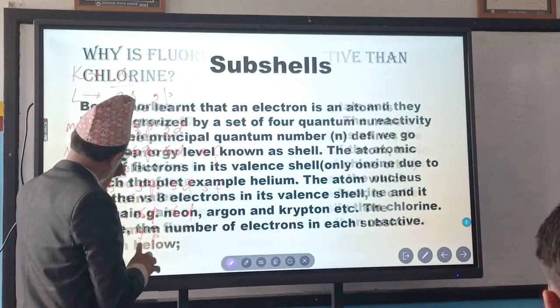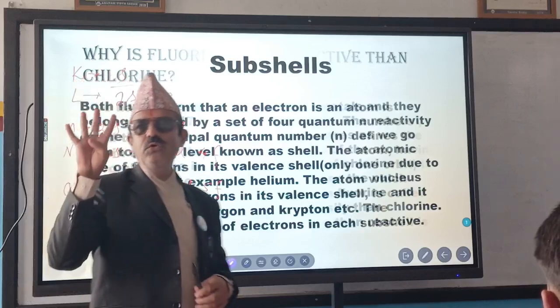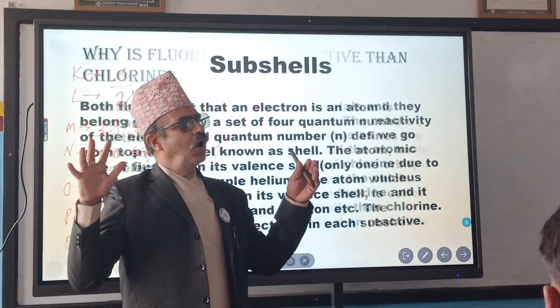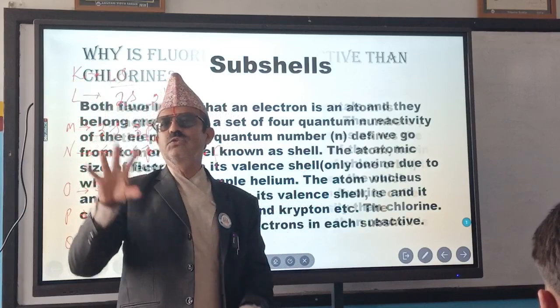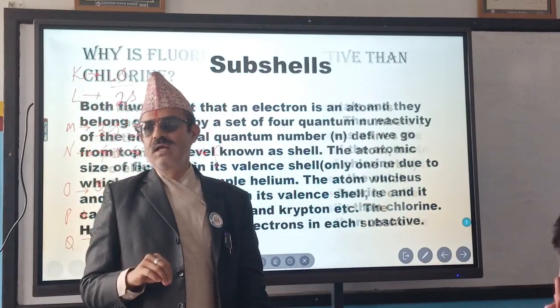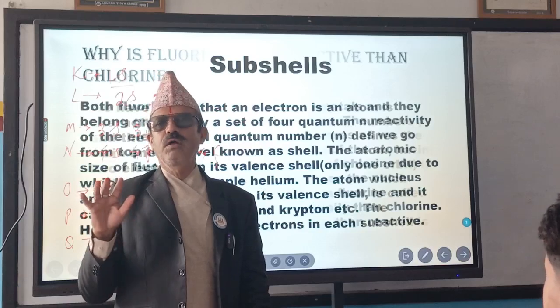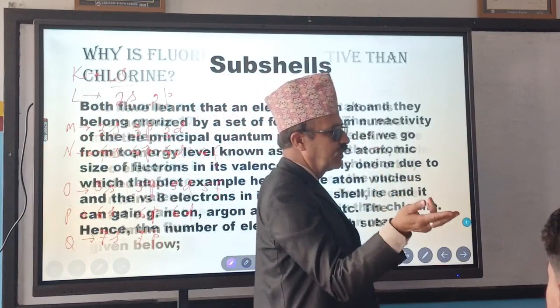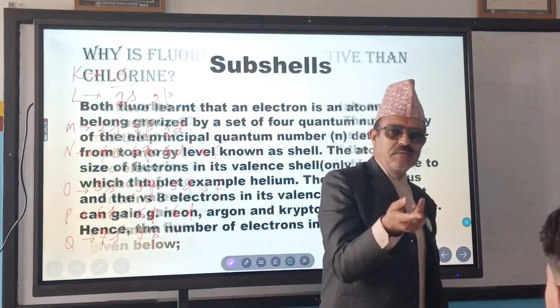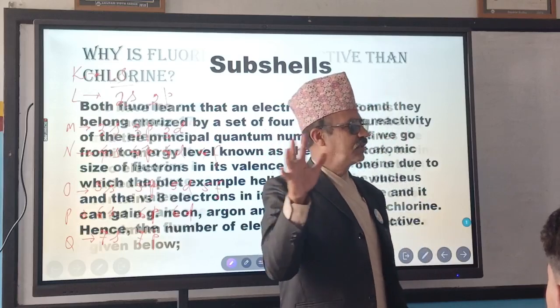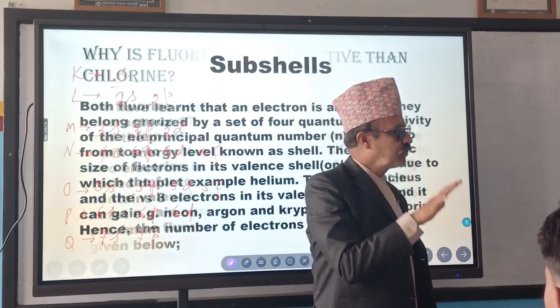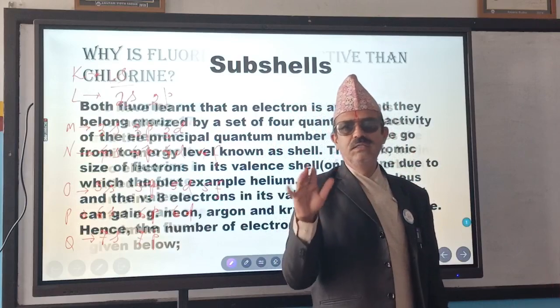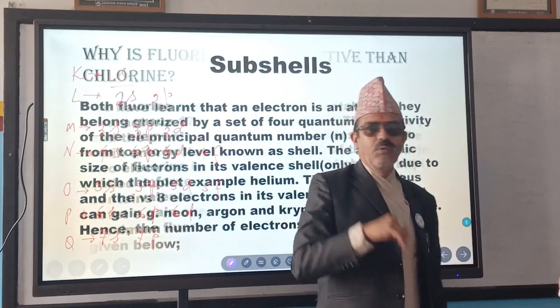Now, on the basis of these 4 subshells, 118 elements are divided into 4 blocks. What are the 4 blocks? S block elements, P block elements, D block elements, F block elements. Now, what is S block?